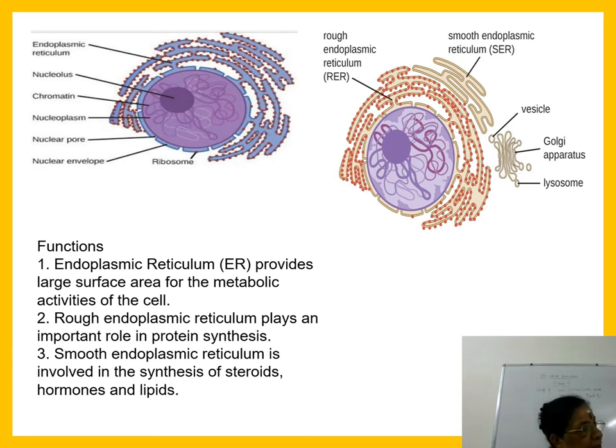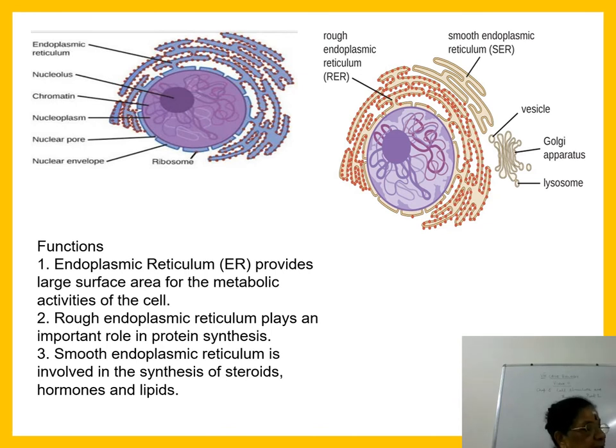I hope you understand. So the endoplasmic reticulum consists of folds of nuclear membrane that forms channels in the cytoplasm. It is used to produce, process and transport materials such as protein and fat within the cell.